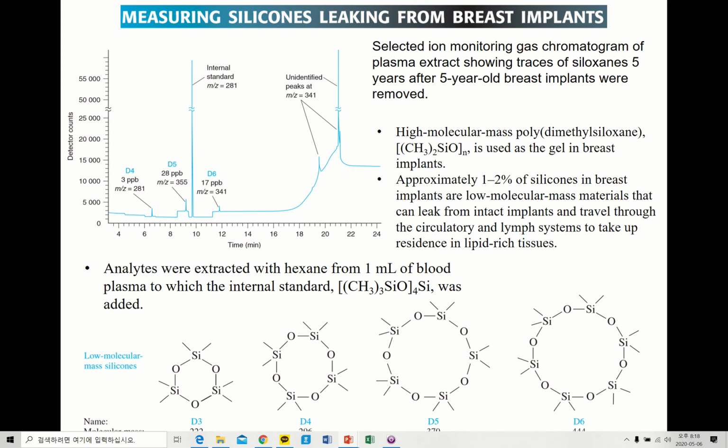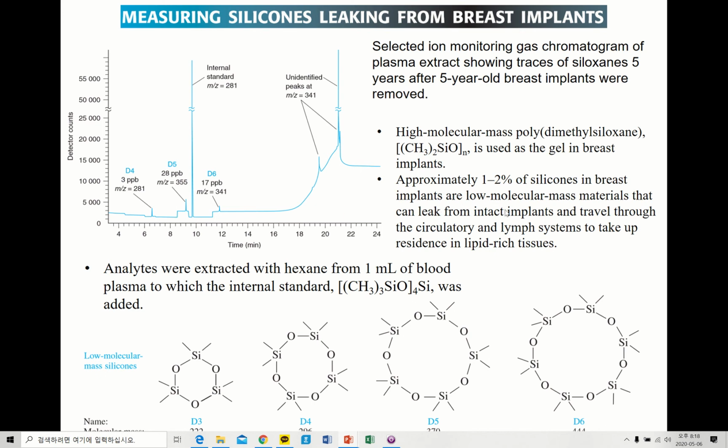So it is important to detect these silicone compounds, whether there is a leakage or not. And in this one, the spectrum shows there is some leakage, definitely.